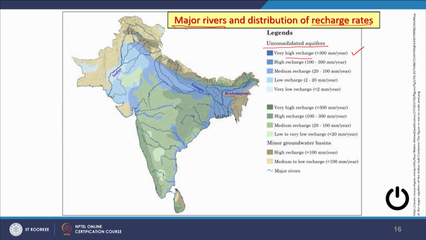And if we come to the other rock types, there is medium recharge and high recharge, measured in millimeters per year. Here it is important that these perennial rivers can also recharge. They can be affluent rivers, they can also recharge our aquifers, and it is happening also.